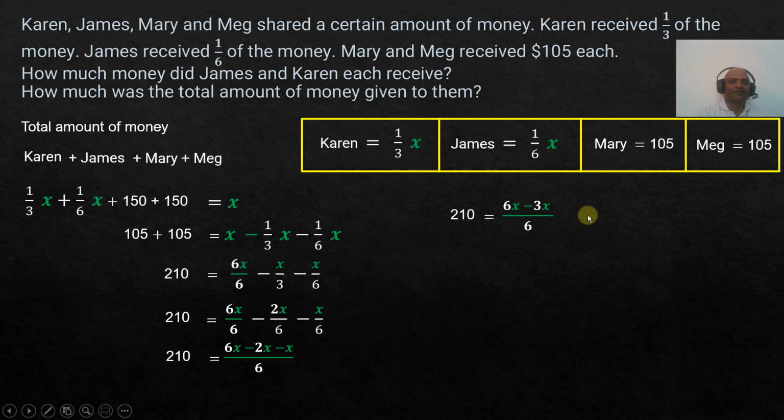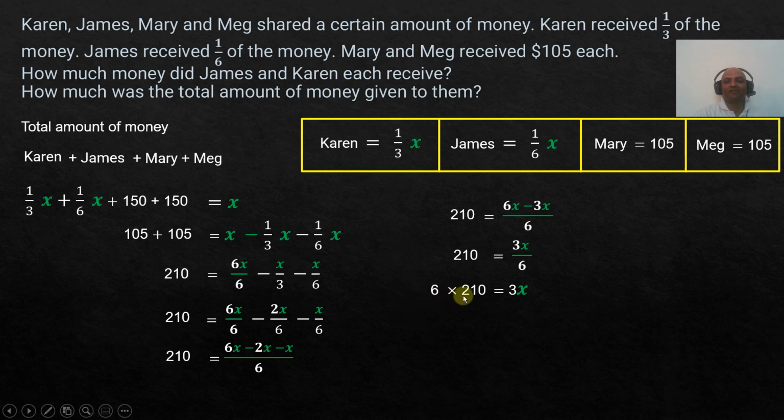So what do we do? Times 6 here, and we will times 6 on the left hand side as well. But 6x minus 3x, that is 3x. 6 minus 3 is 3. So then 3x is equal to, you bring the 6 over the side or multiply both sides by 6. The 6 gets cancelled on the right hand side.